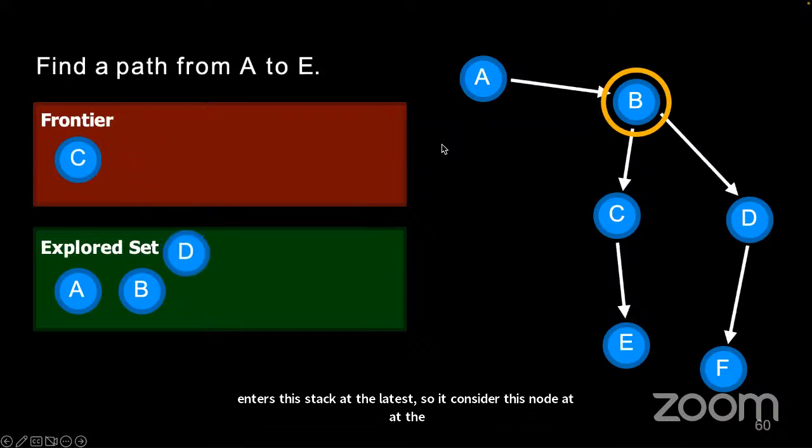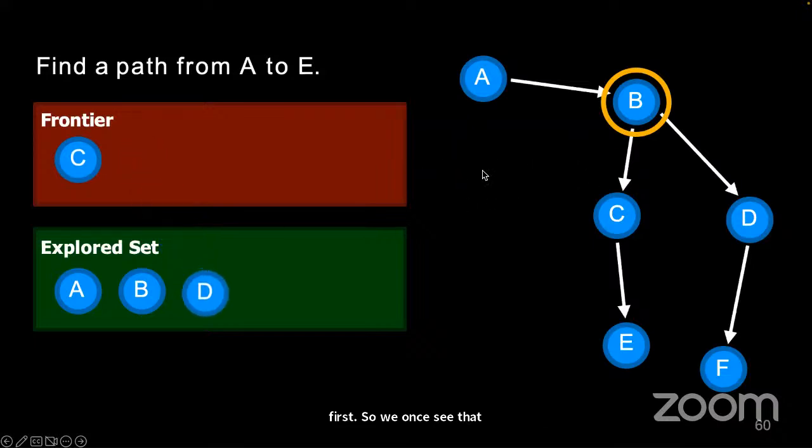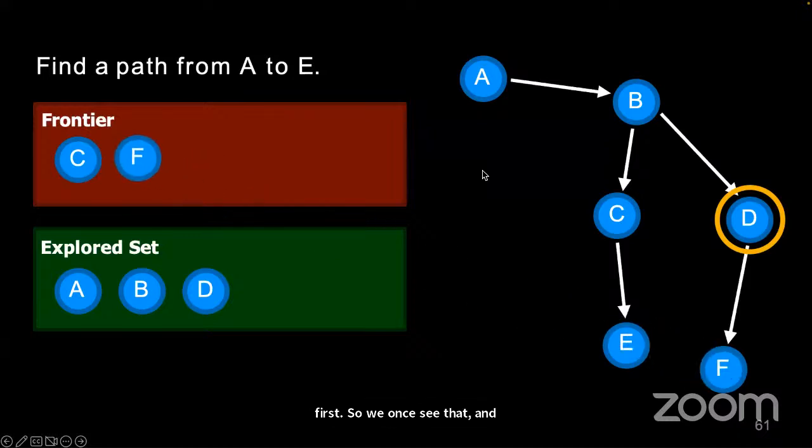So we consider D, and then we add the neighbor of D, which is F, to the frontier. Now this node F is the node that came last. So we are now considering this node F.